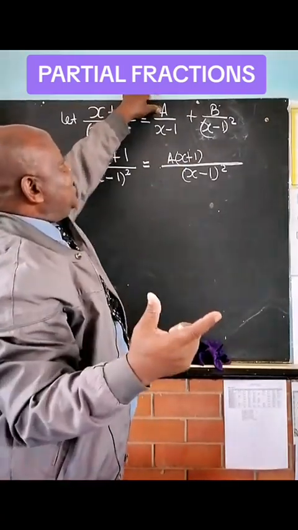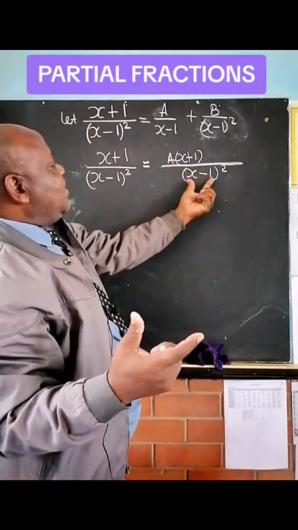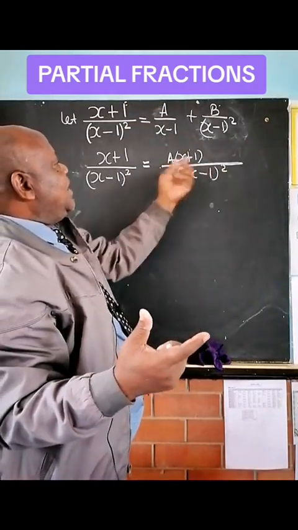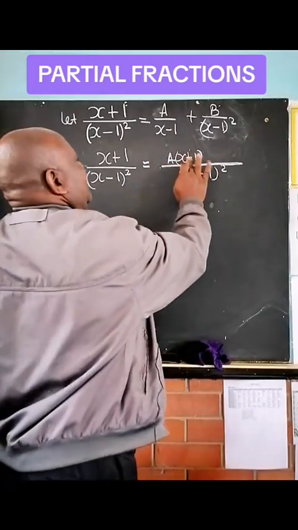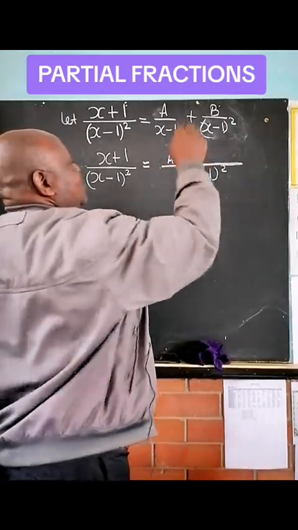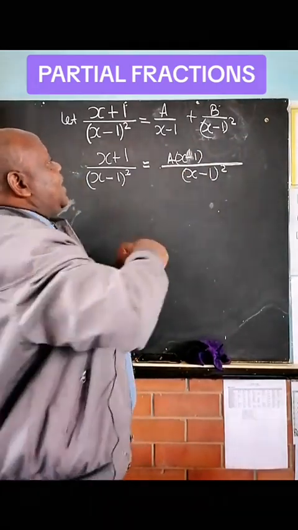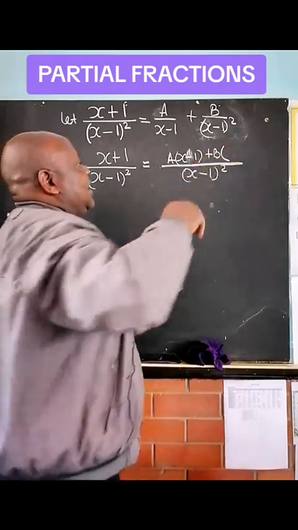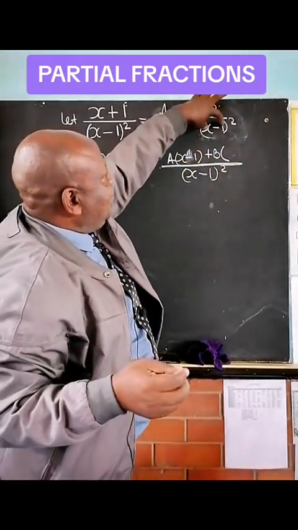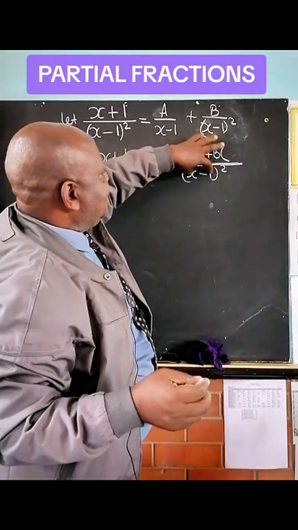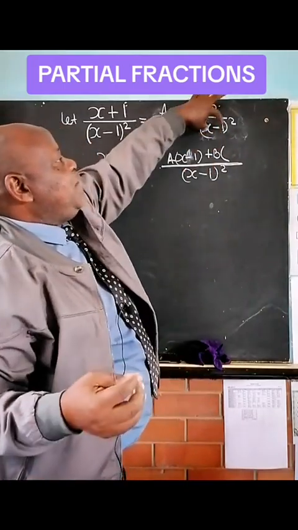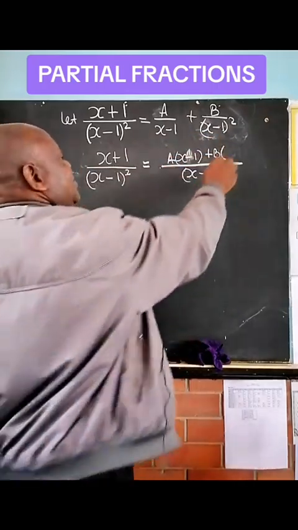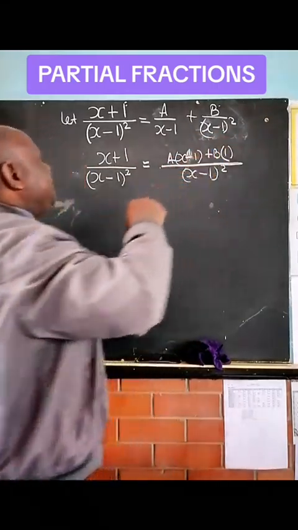Then plus b multiplied by what? Now this quadratic factor into that quadratic factor, we are dividing a factor into itself, by the way. So that is 1.